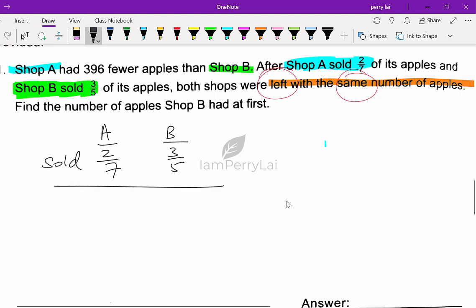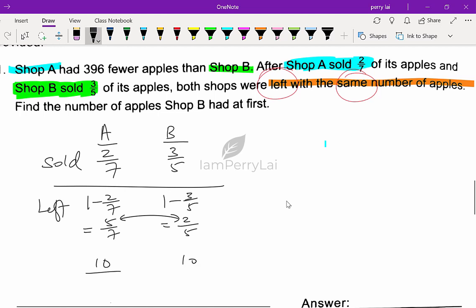So after you sell this, what will be left is 1 minus 2 out of 7 and 1 whole minus 3 out of 5. Now these two fractions are what is equal. So that's why we make it into 10 out of something. Make the numerators equal. So times 2, times 5.